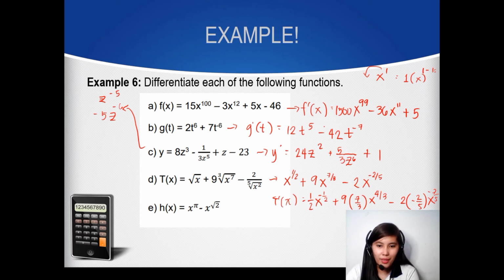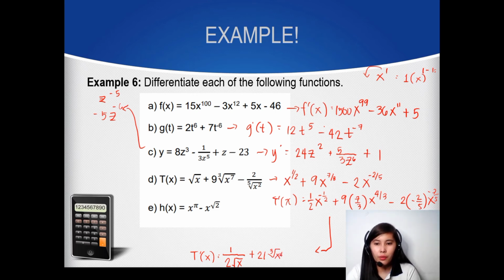Our t prime of x, if we simplify this and bring it back to radical expression, will be 1 over 2 square root of x plus 9 times 7 over 3, that will be 3 times 7, 21, x cube root of x raised to 4.